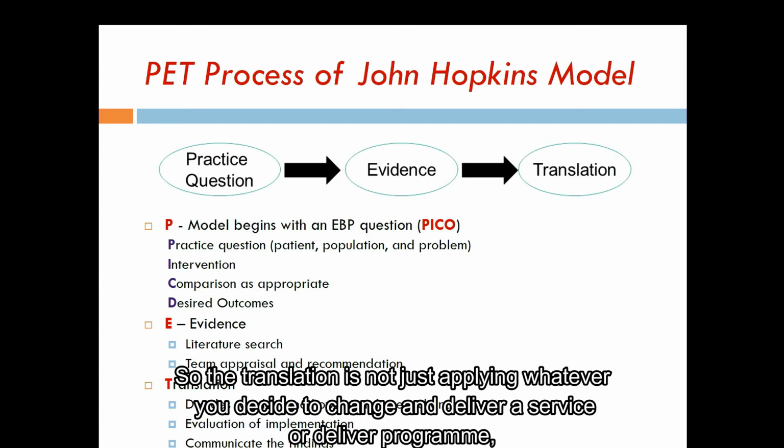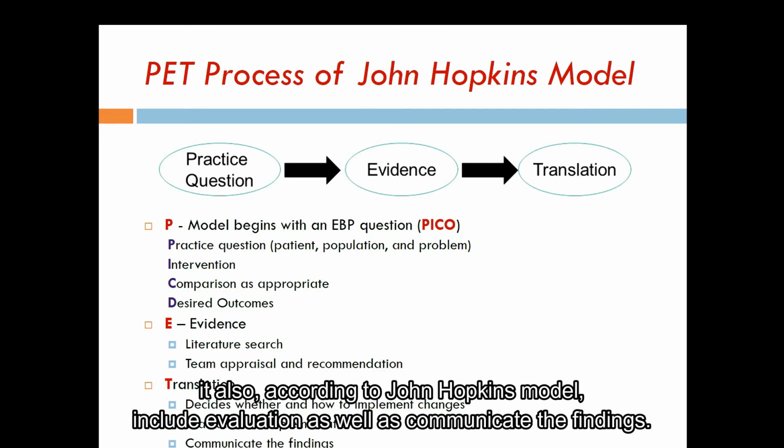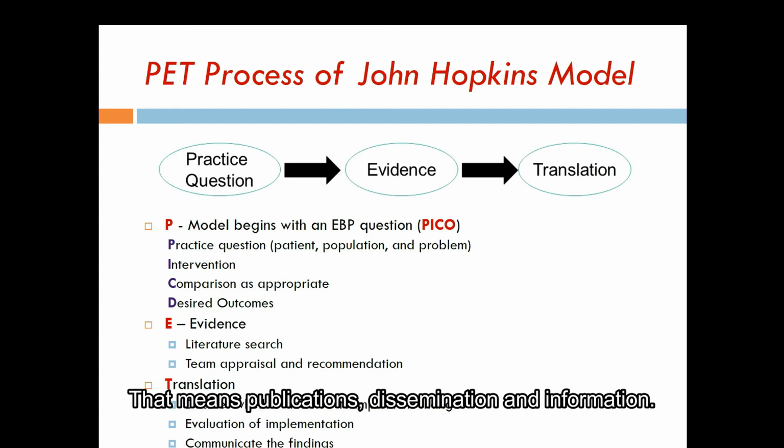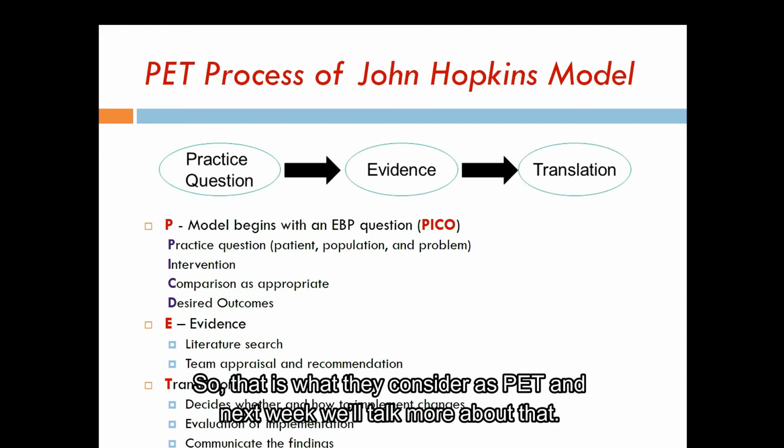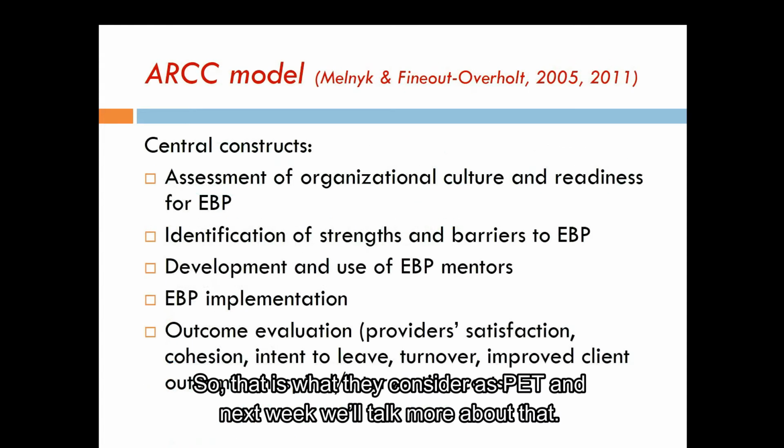So the translation is not just applying whatever you decide to change and deliver a service or deliver a program. According to the Johns Hopkins model, it also includes evaluation as well as communicating the findings. That means publications, dissemination of information. So that is what they consider as PET. And next week we'll talk more about that.